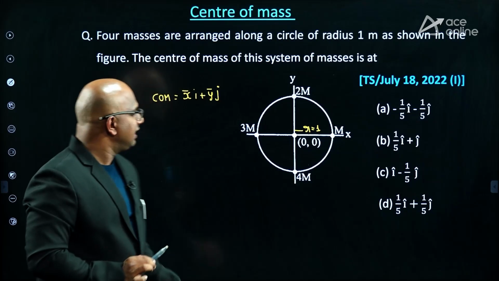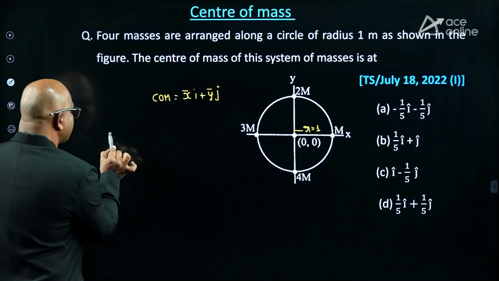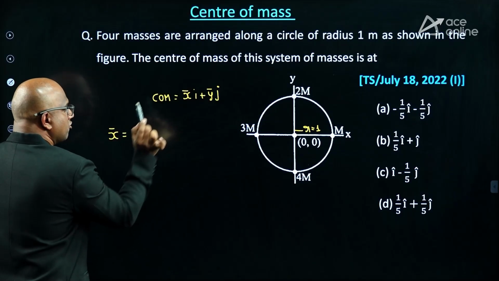Now we have to find what x bar is and what y bar is. What is the formula for this one? Here how many masses are there guys? 4 masses are there.